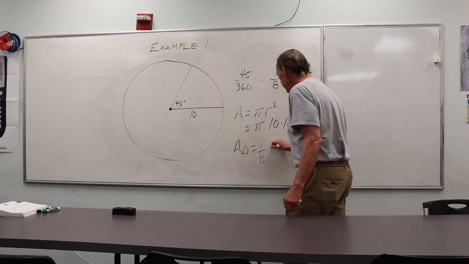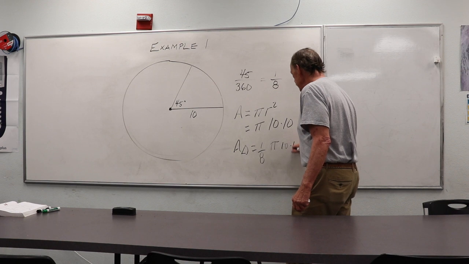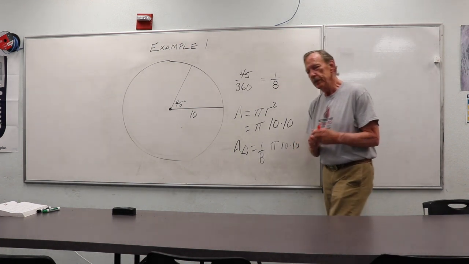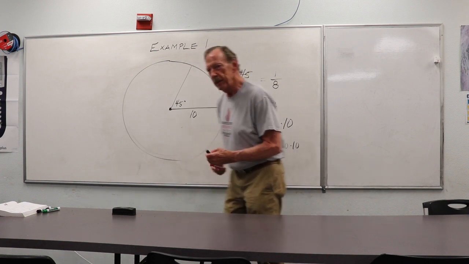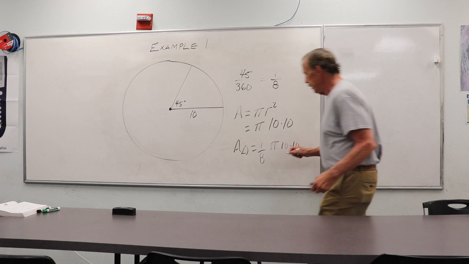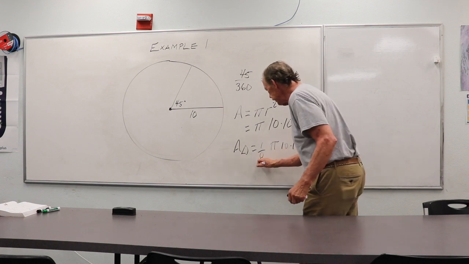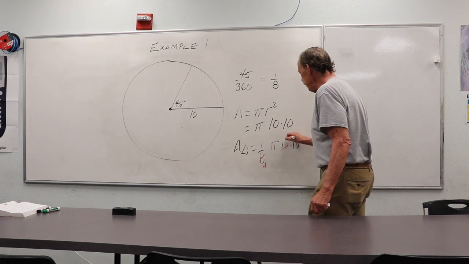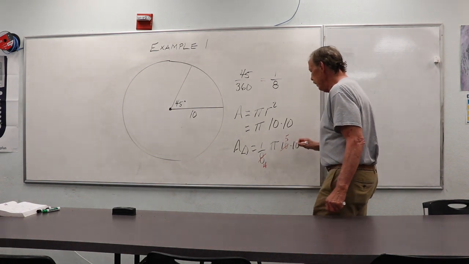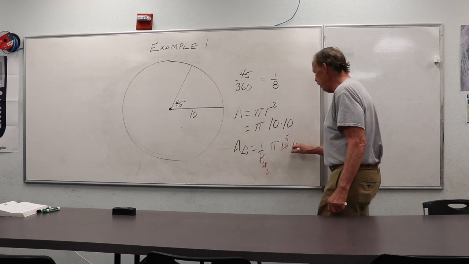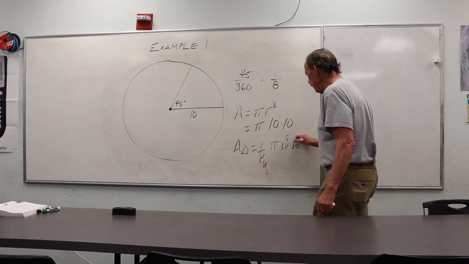of pi times 10 times 10. And once again, we're fortunate because we can do a little bit of reducing here. 2 will go into 8 4 times, and it will go into 10 5 times. 2 will go into 4 twice, and it will go into this 10 5 times.